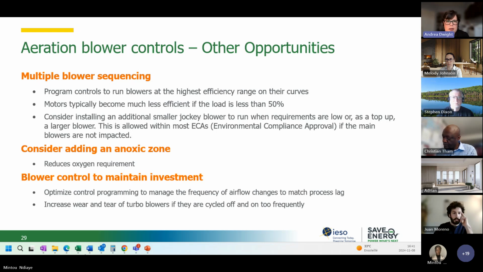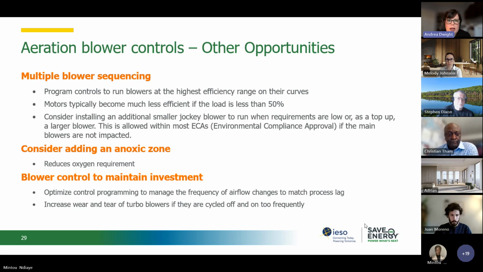Also, recognize that when you put two blowers on, you're not getting double the airflow rate for double the energy use, because the second blower is blowing into a pressurized system and there are efficiency losses due to that. So it's often good to try and run primarily with one as much as you can, and then add a second one on top when you have to.